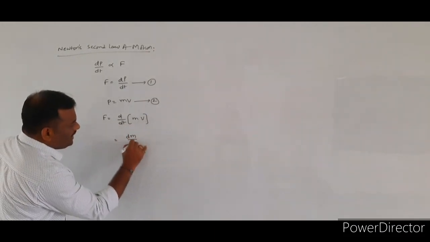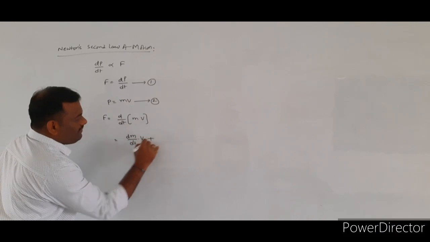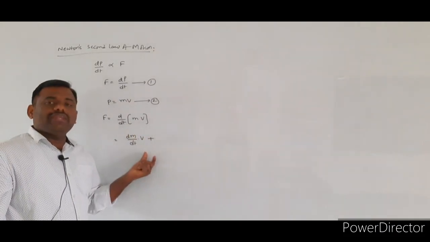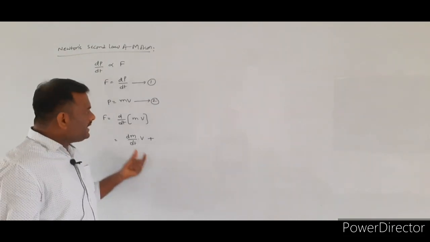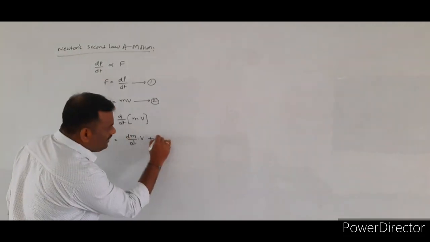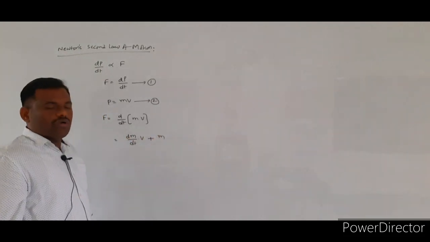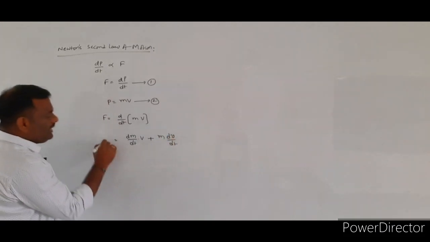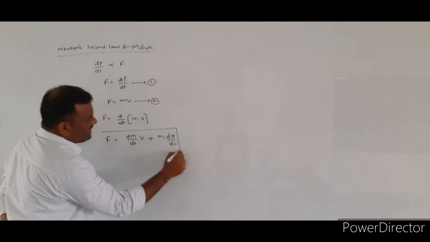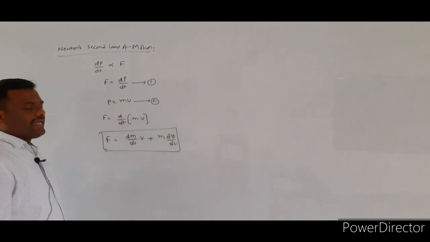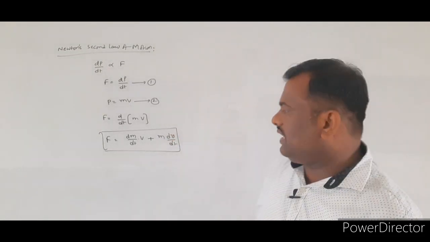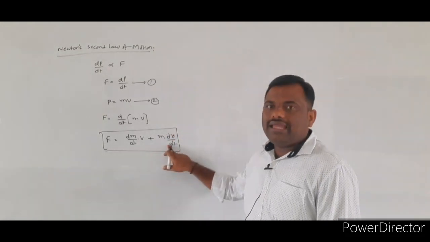First I assume the mass of the system varies and the speed of the object is constant, and in the second case the mass is constant and the velocity changes. The general formula for the force is F is equal to dm by dt into v plus m into dv by dt.